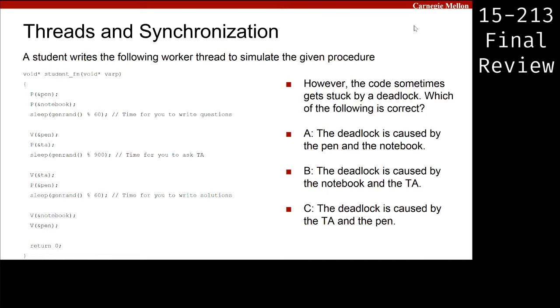B, is the deadlock caused between the notebook and the TA? Or is it C, the deadlock is caused between the TA and the pen? I'll give you guys a moment to think about it, and then you can tell me what you think, and we'll go over a few examples of what might happen in each case.